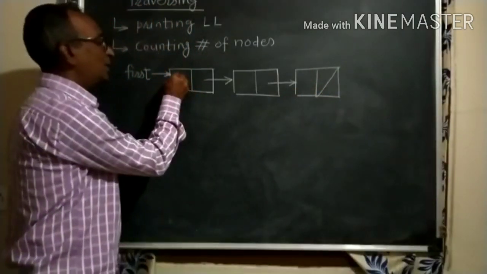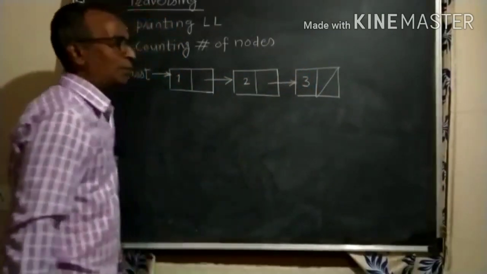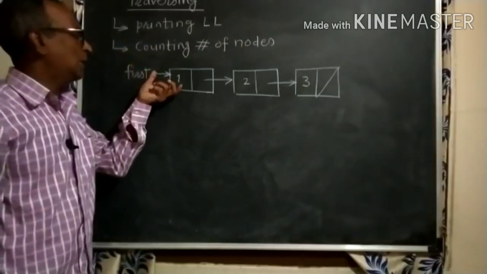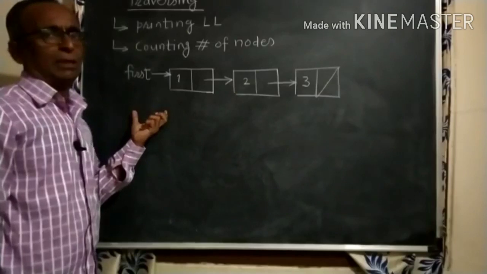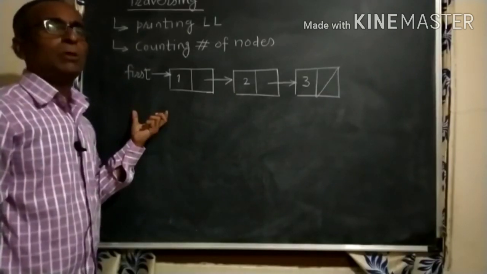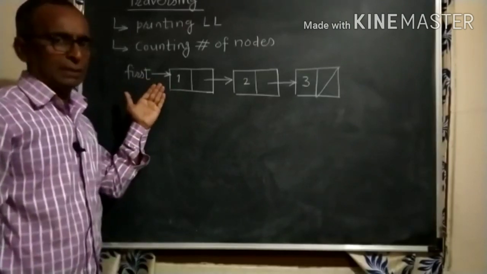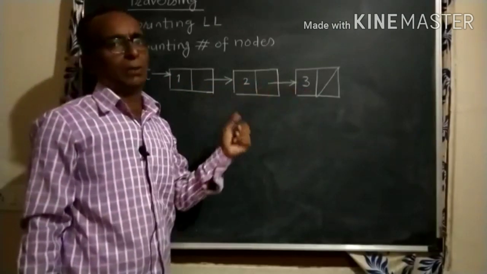Some information fields we will take. So this is a sample list, suppose. For counting of nodes, when the list is given, then we have to give the number of nodes in that particular linked list. In this case, if this linked list is input, then 3 will be the count.